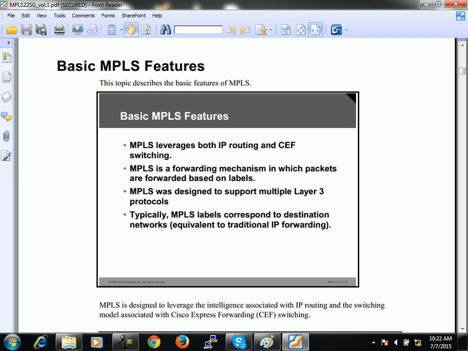Labels will always correspond to destination networks only, and routers must have information about their destination networks. So in MPLS, labels correspond to your destination networks only.